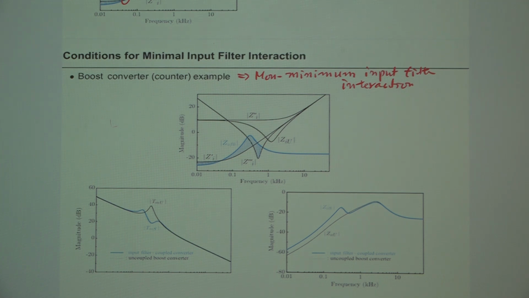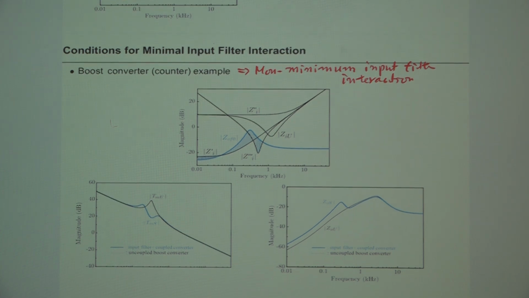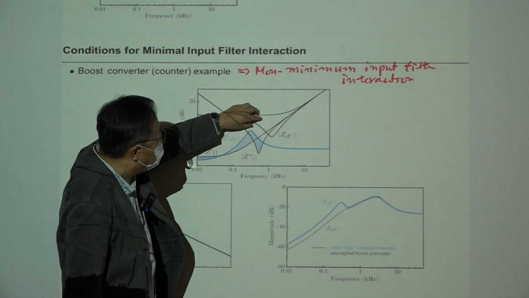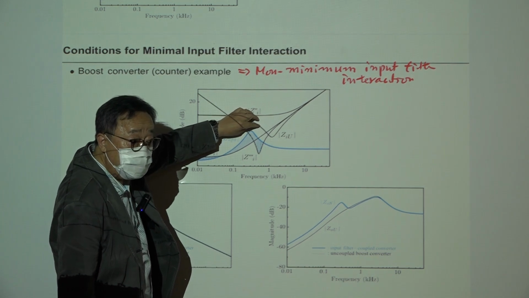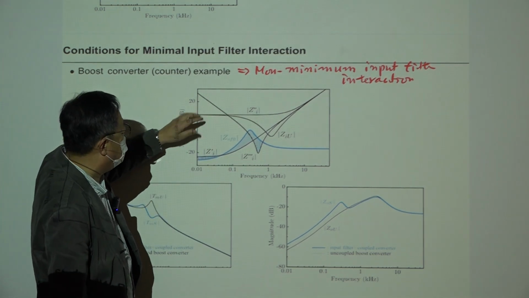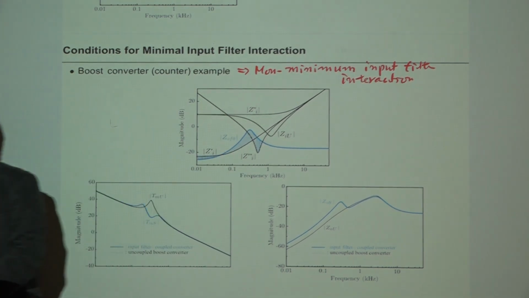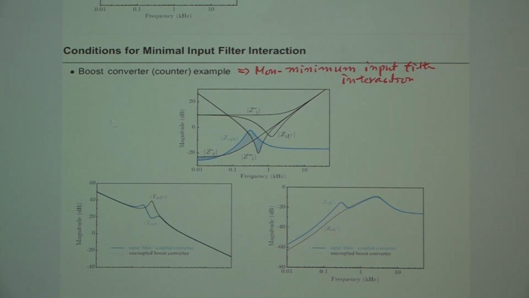Okay, let me switch my glasses. Okay, so here there is a sufficient gap between the output impedance of the filter and this closed loop input impedance, but there is an overlap between this output impedance and the open loop input impedances. So it does not meet the requirement.